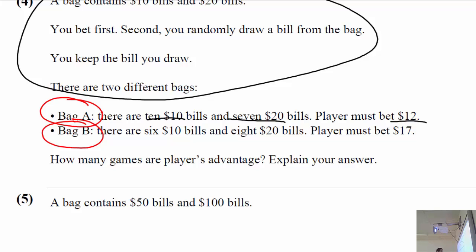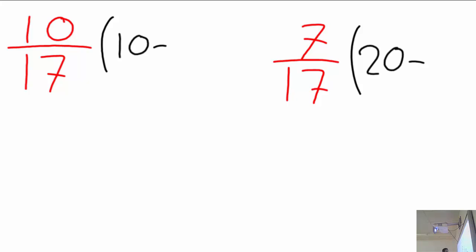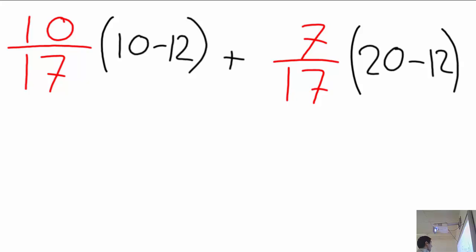So for bag A, my bet money is $12. Let's write that down. $12 is my bet money, so I will lose that. This is what you have to come up with.